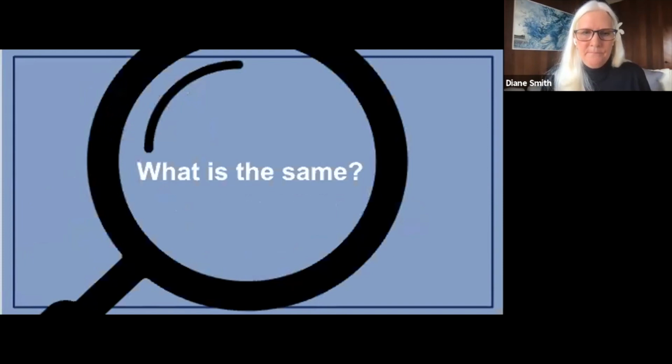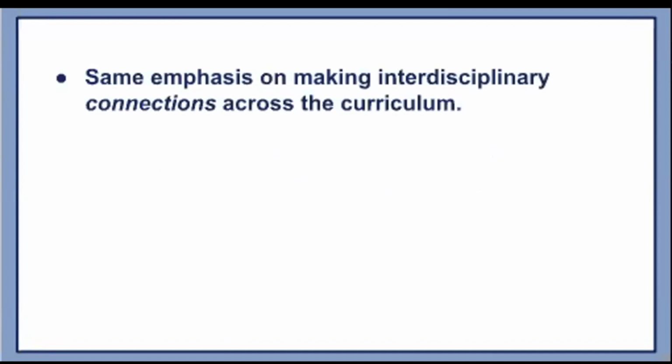So what is the same in the new guide? When we get to the end of the hour, as I said, you might not think this, but almost everything is the same. The purpose of IDUs, the planning, the structure of interdisciplinary teaching and learning, all of those are the same.